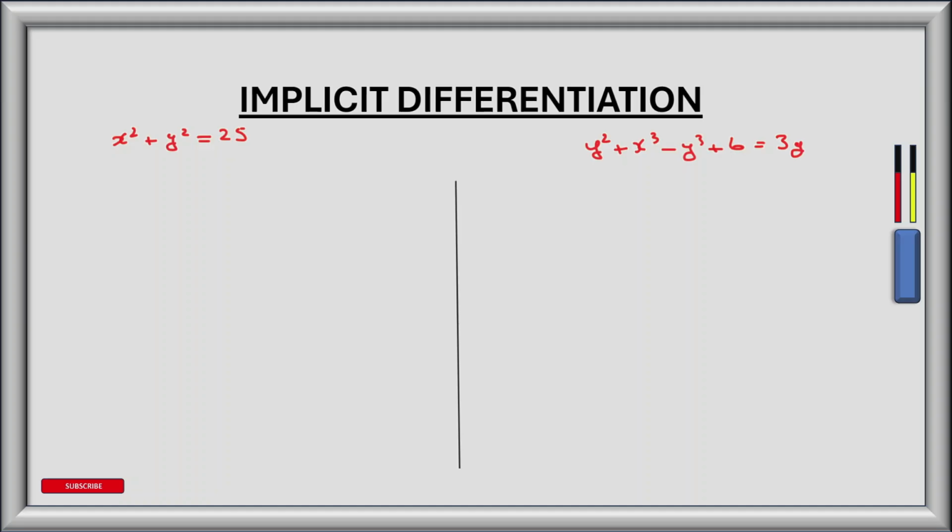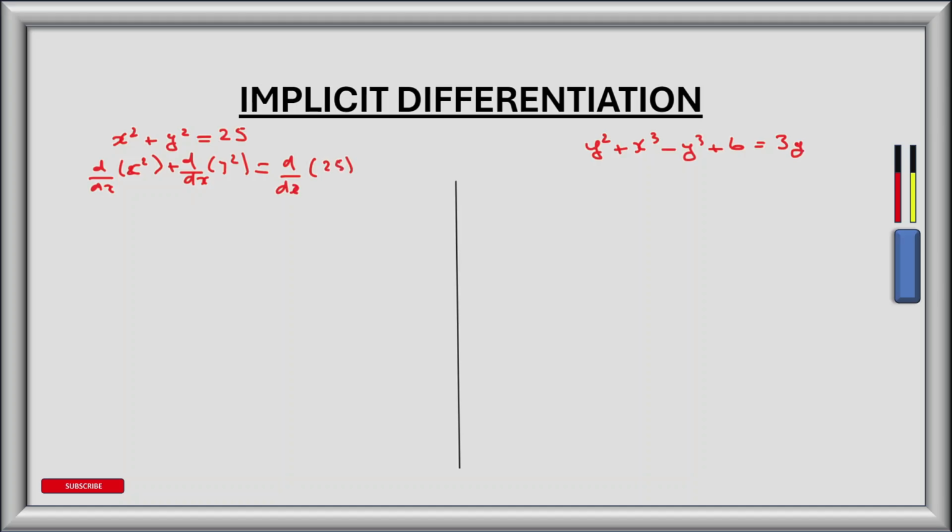We want to differentiate this with respect to x, so we want d dx of x squared plus d dx of y squared is equal to d dx of 25.